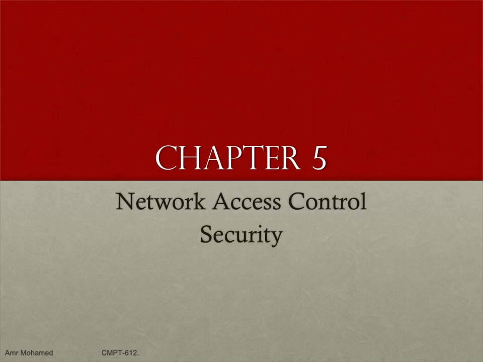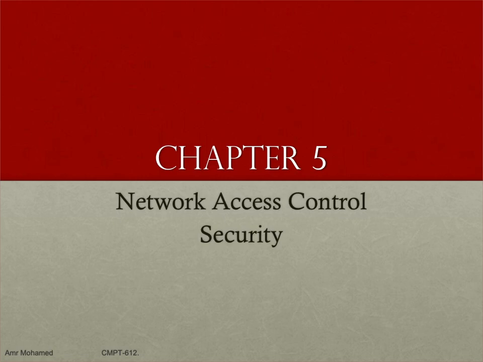So network access layer, network access control security. By network access layer, of course, we mean the bottom layer in the network stack, which is divided into the physical and the data link layer.